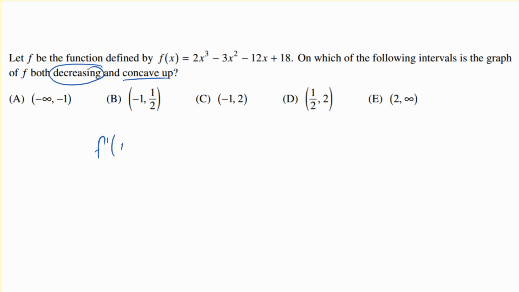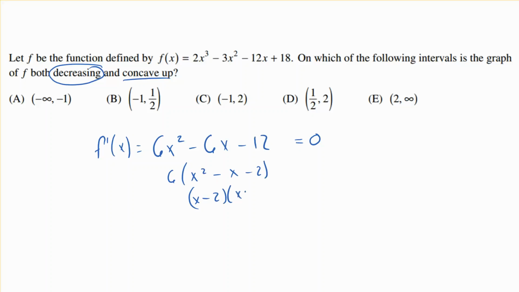F prime of x equals 6x squared minus 6x minus 12. And when is that equal to 0? I'm going to factor that 6 out and just factor. So x minus 2, x plus 1. So that one is at negative 1 and 2.